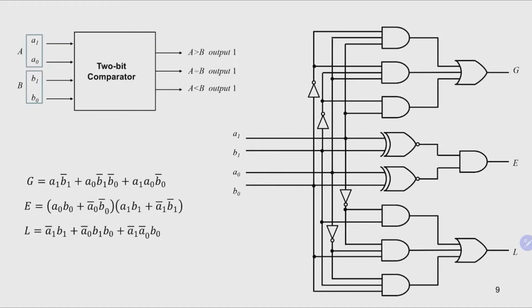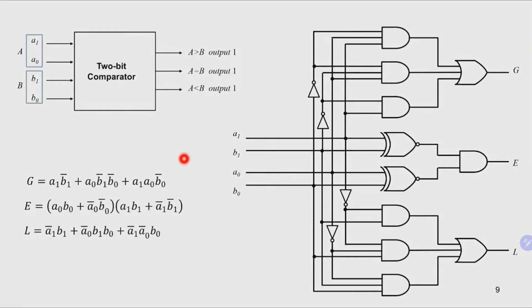Okay, so this is the combination circuit that you can build from the Boolean expressions that you minimize from the K-map. And this whole Boolean circuit is this block here, which is our 2-bit comparator.